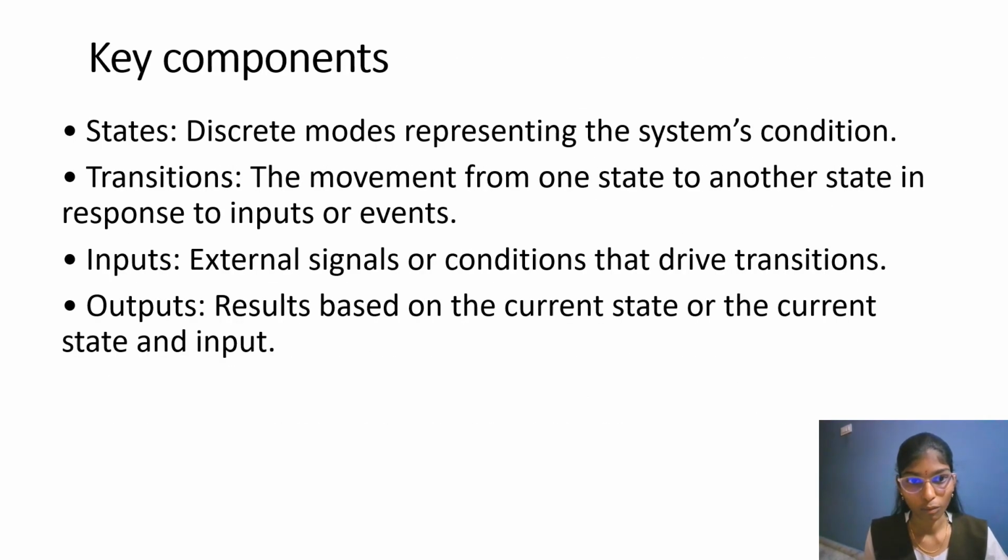We have some components. One is states, discrete modes representing the system's condition, and transitions, the movement from one state to another state in response to inputs or events. Inputs, external signals or conditions that drive transitions. Outputs, results based on the current state or the current state and input.